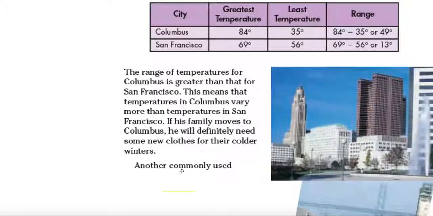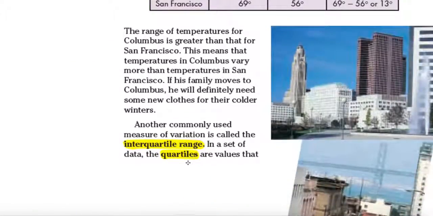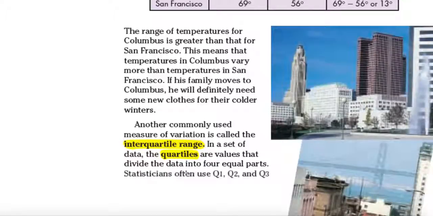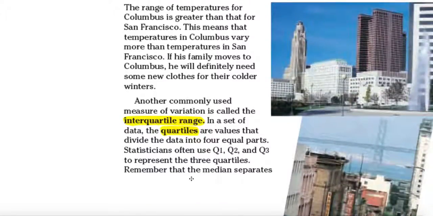Let's talk about another method. Another commonly used measure of variation is called the interquartile range. In a set of data, the quartiles are values that divide the data into 4 equal parts. Statisticians often use Q1, Q2, and Q3 to represent the 3 quartiles. Remember that the median separates the data into 2 equal parts.